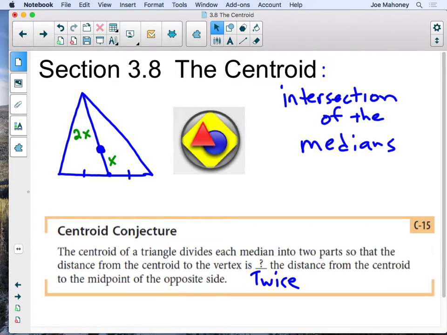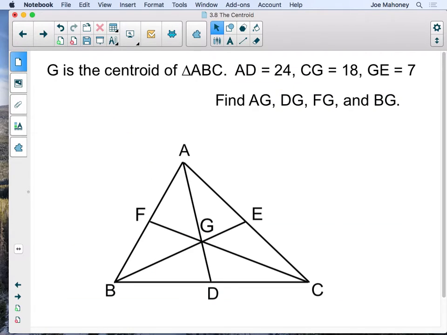It's 2x. So let's practice one together. In this triangle, G is the centroid of triangle ABC.